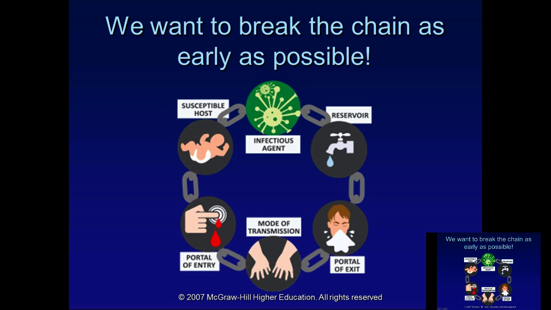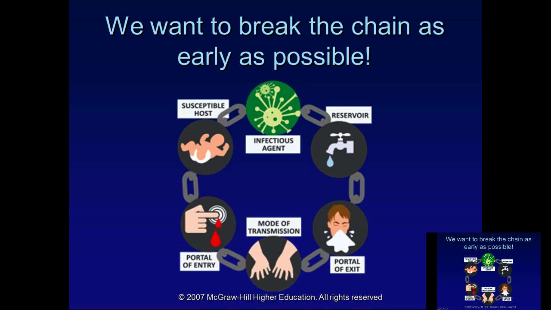So we typically are not going to be breaking the chain at that ideal level, which is the infectious agent. The next level would be the reservoir. If we can prevent standing water, keep people healthy, properly refrigerate meat that we're going to consume eventually, and then cook it to temperature when we prepare it, all of those things are preventing it from going any further.